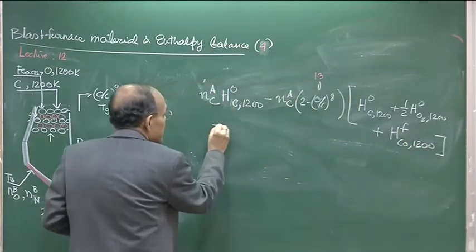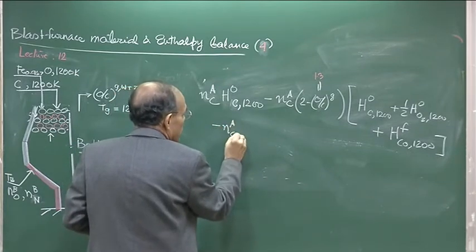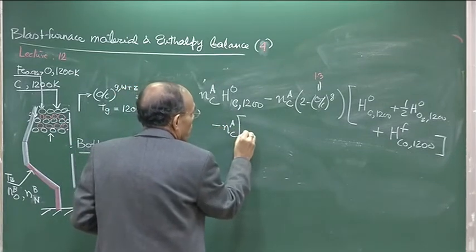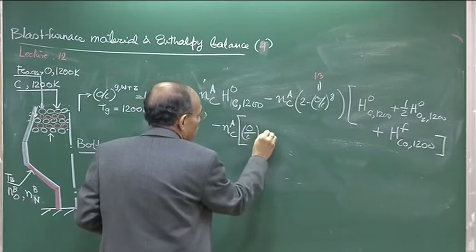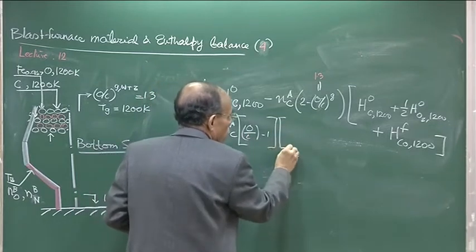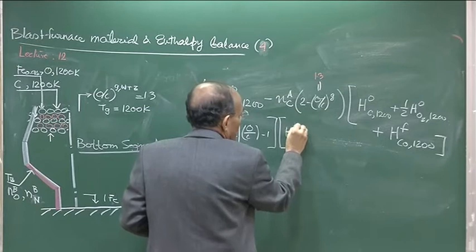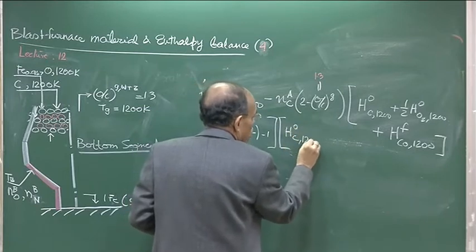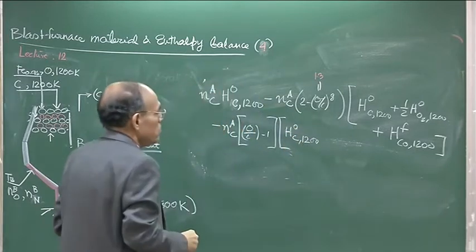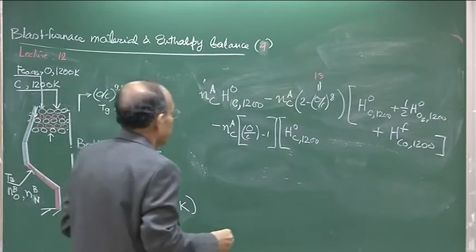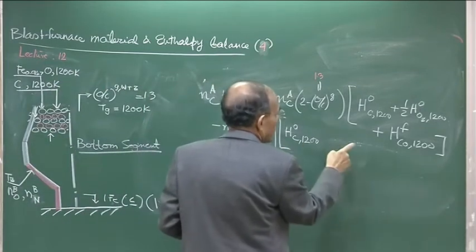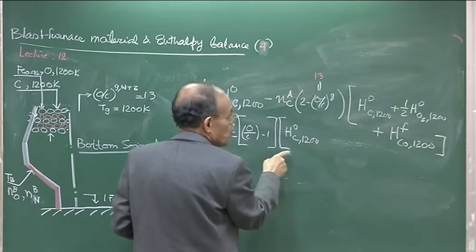And then we have minus NAC, another term, and this is going to be O by C minus 1 into H naught C 1200. Okay, this is CO2.